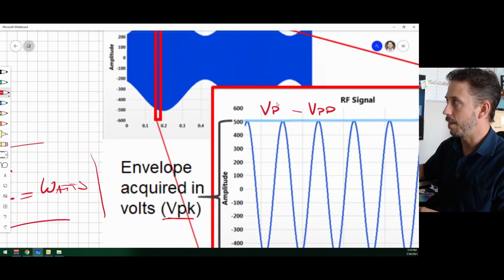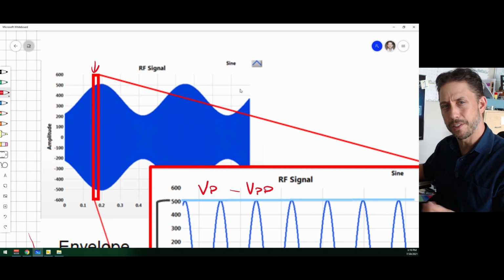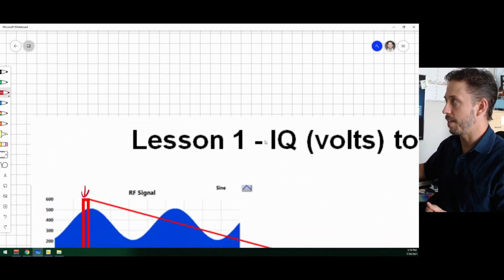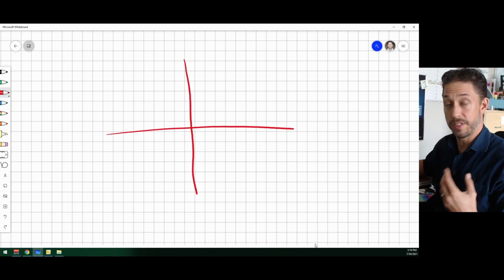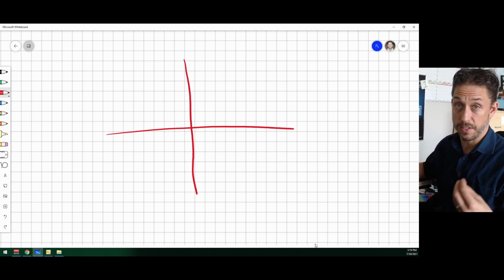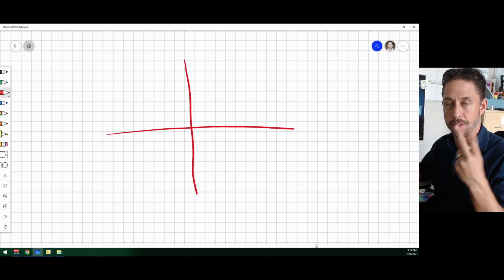So I've been talking a lot about the carrier, volts peak to peak, but this is supposed to be a lesson about I and Q, right? Well, one thing we can know is that even with a simple sinusoidal signal, we can represent two major things about that signal.